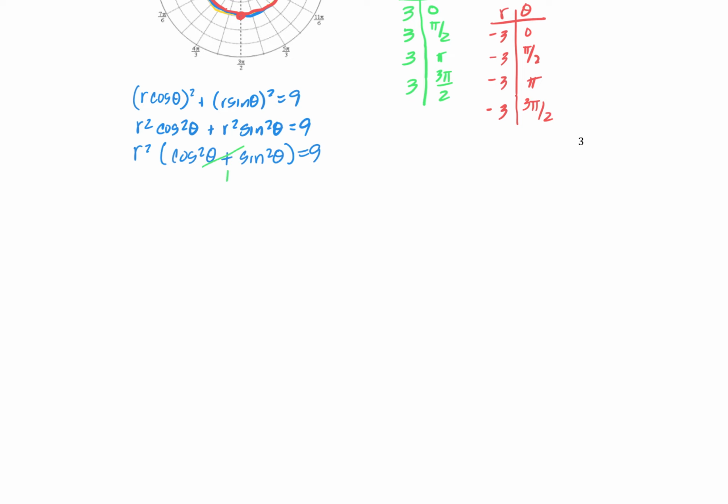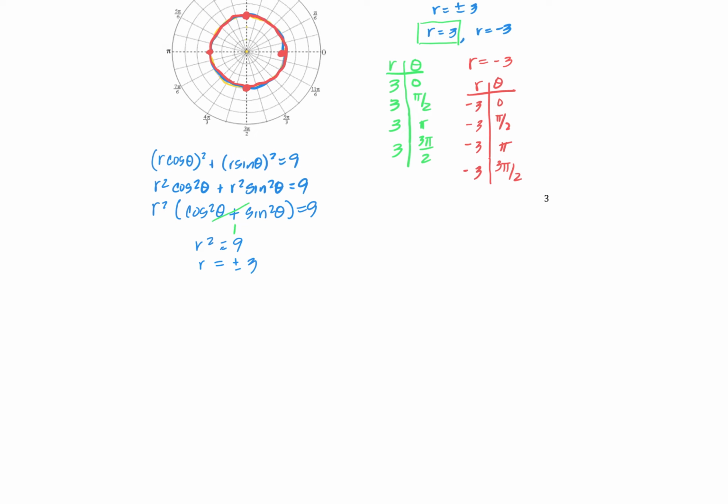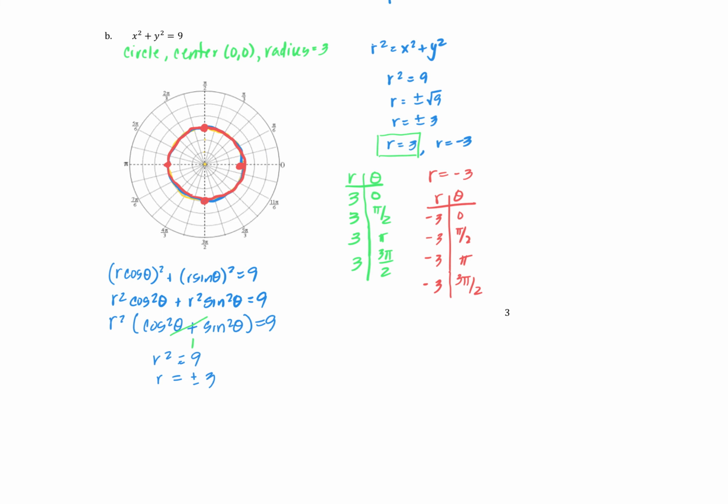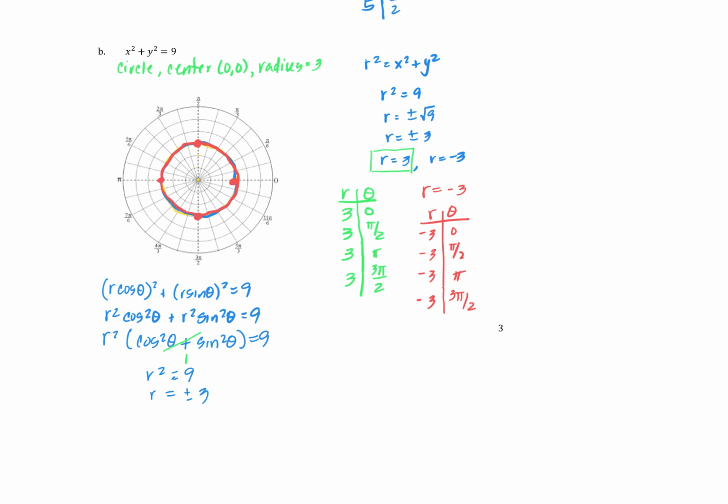So this is 1 times r squared, which would give me r squared is equal to 9. And then I'm back where I was before, where I'm square rooting both sides, and I'll eventually get plus or minus 3. So it's not wrong, it's just a lot shorter to replace the x squared plus y squared with r squared.